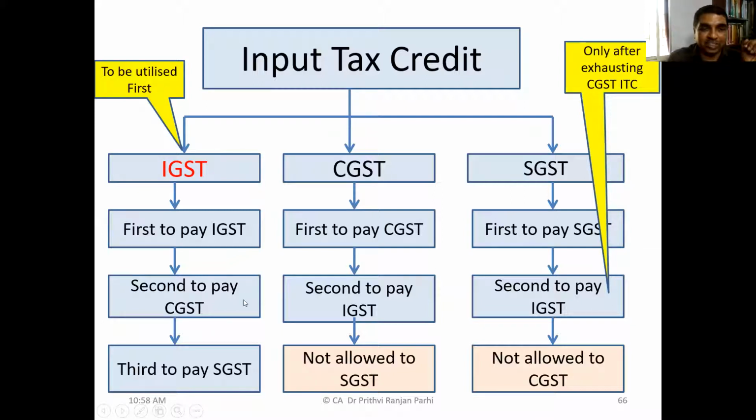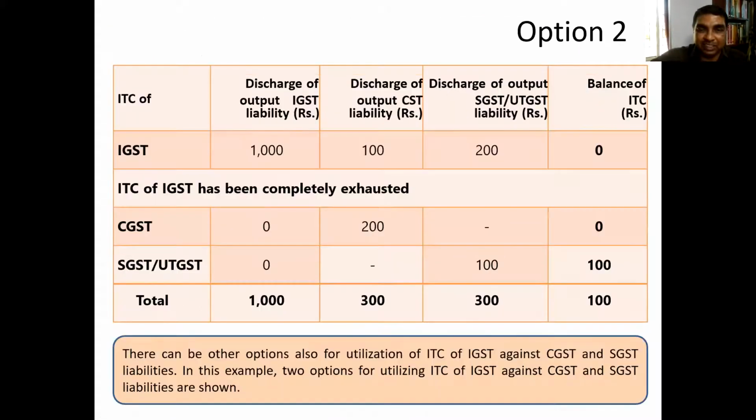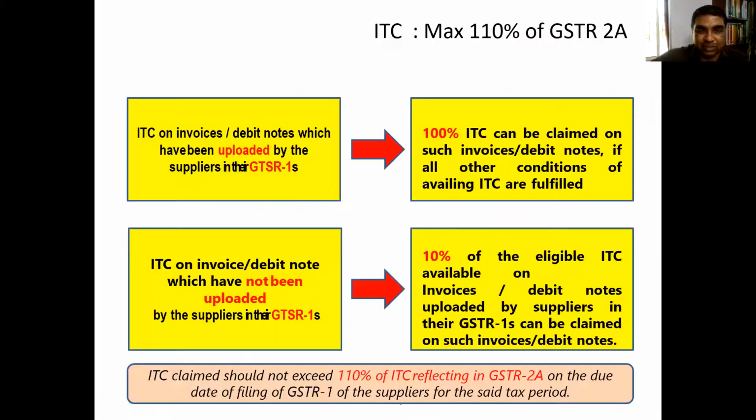First IGST, then CGST, then SGST. For CGST, first CGST, then pay IGST. For SGST, first pay SGST, then use it for IGST. But when you are doing this, make sure that CGST ITC is already exhausted. That is the concept we have to remember. And for that we have done various exercises, we have understood various options.